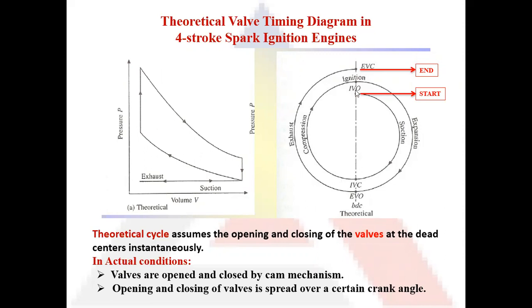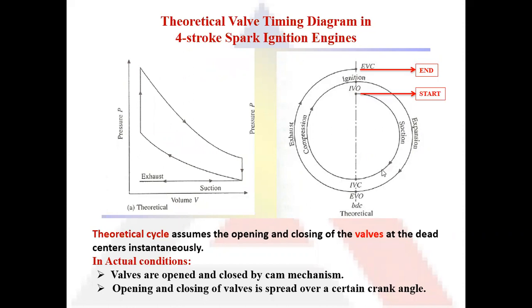Now at the top dead center, the inlet valve opens, and then the crank starts to move in the downward direction. That is, we are moving from the top dead center towards the bottom dead center. The piston is moving downward, and during this process, the fresh air fuel mixture comes inside the combustion chamber.